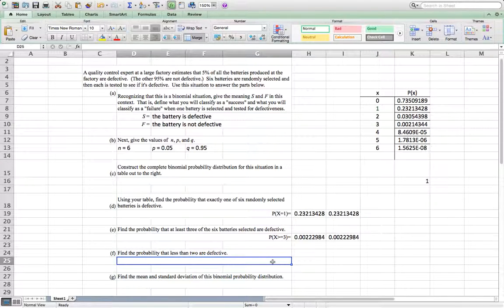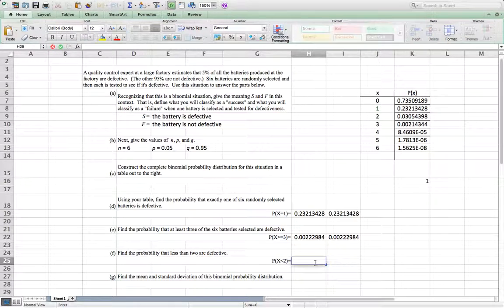Next, find the probability that fewer than 2 are defective. So this gives me P(x less than 2). That means P(0) plus P(1). I have two ways to do this. One way is I use K7 plus K8. That means P(0) plus P(1).